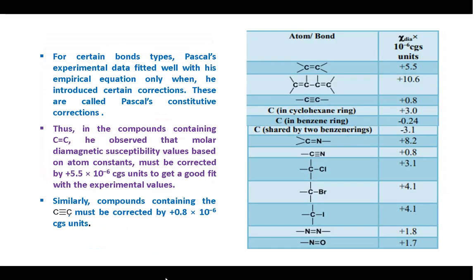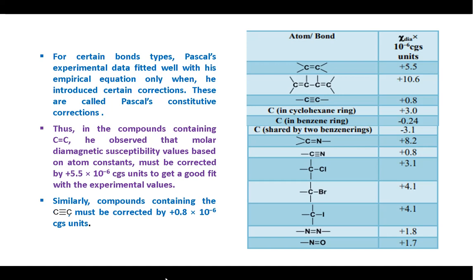For certain bond types, Pascal's experimental data fitted well with his empirical equation, only when he introduced certain corrections. These are called Pascal's constitutive corrections.